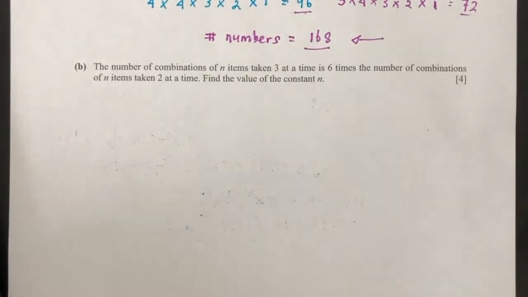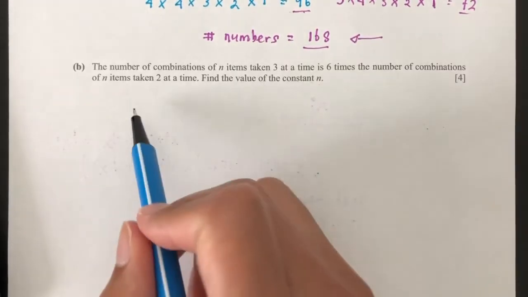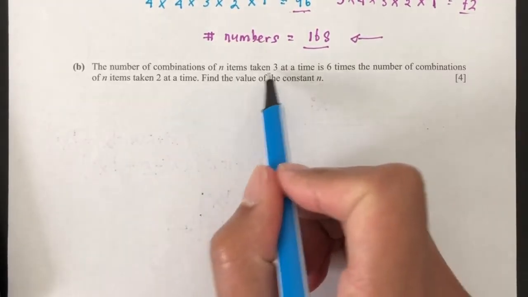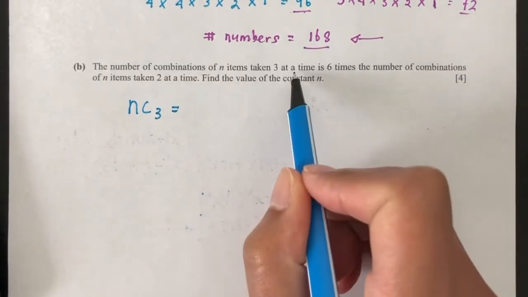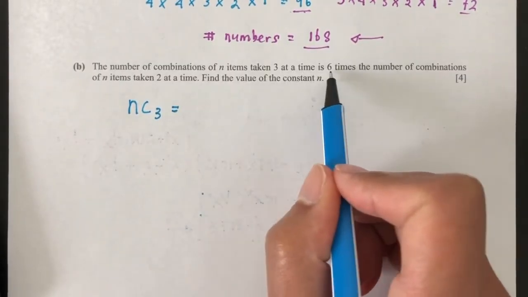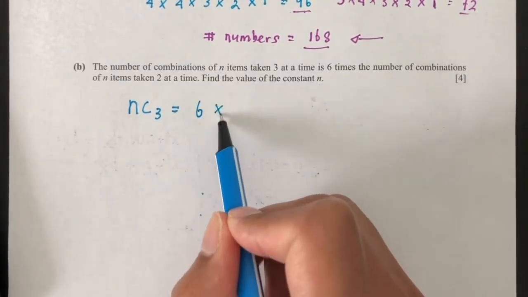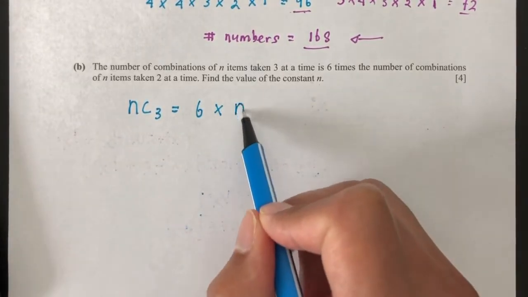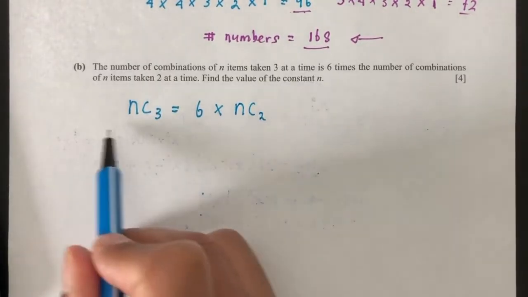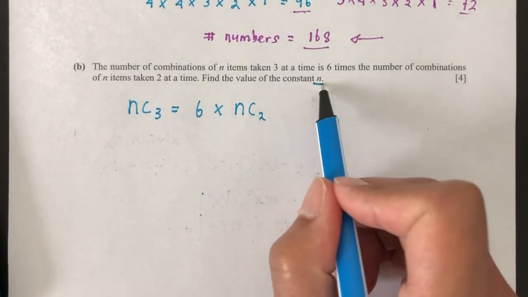It says the number of combinations of n items taken 3 at a time is 6 times the number of combinations of n items taken 2. So we have this equation, and we have to find the value of n.